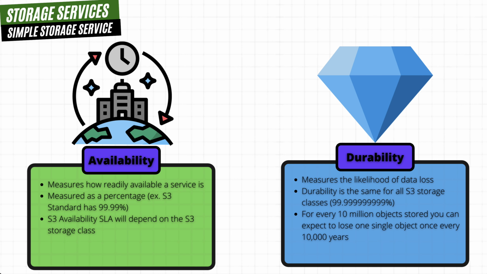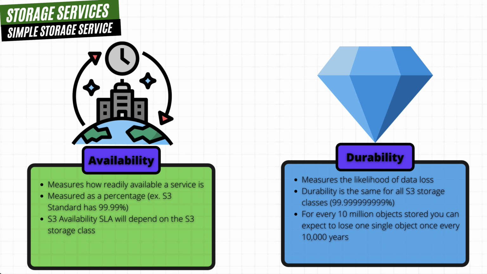Now, everything in S3 boils down to two pillars, which is availability and durability. Availability is measured by how readily available a storage service is. Basically, it means how available the service is. So if you can't access your data during an AWS outage, this is essentially reducing the availability of the service.